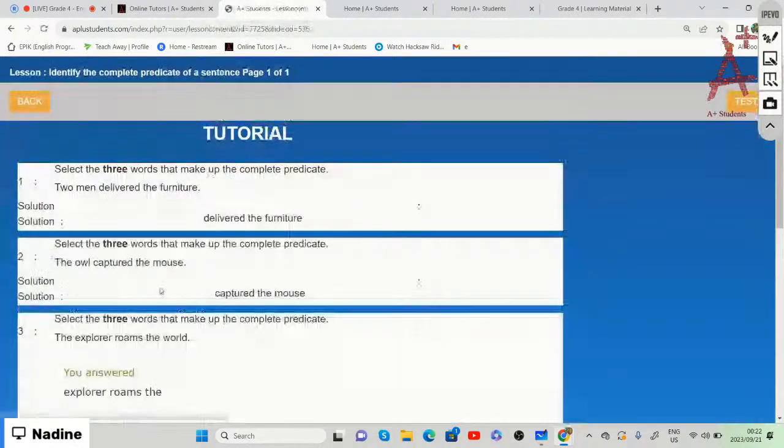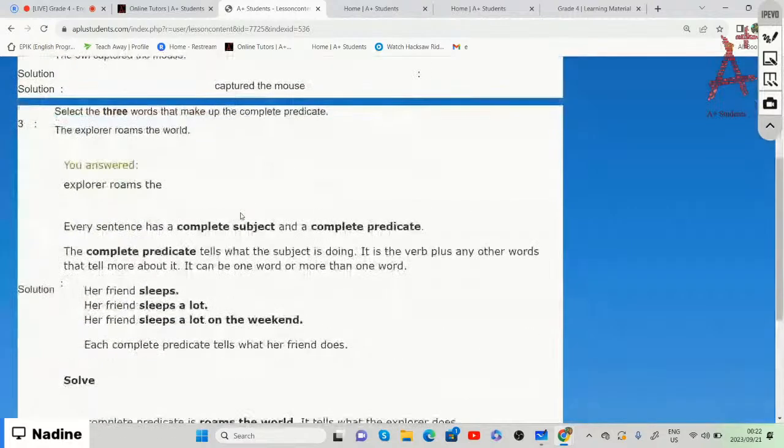All right, so now we're going on to identifying the complete predicate of a sentence. And once again, we said each sentence has a complete subject and a complete predicate. Once a sentence has a subject as well as a predicate or a verb, then that forms a complete thought or a complete sentence, right?